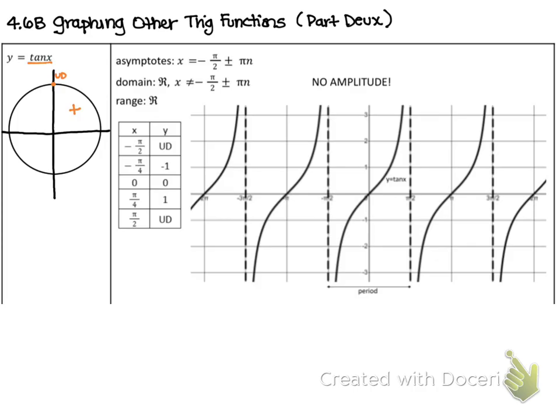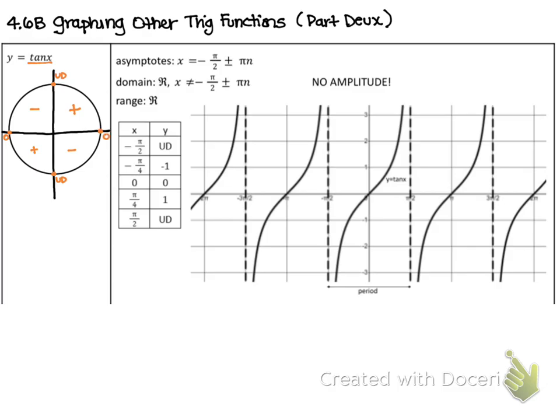Come over here, tangent's going to be negative. Over on this end, tangent is 0. Then down here, positive. And then we're back at undefined again. And then in this quadrant, we're at negative. And then here, we're at 0.